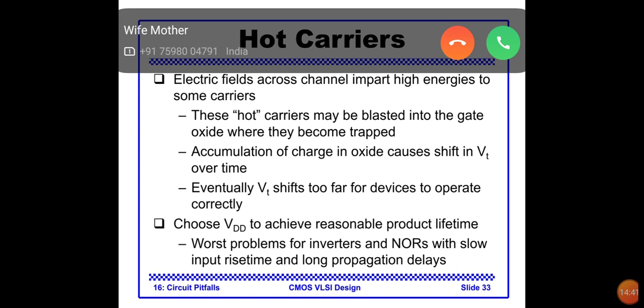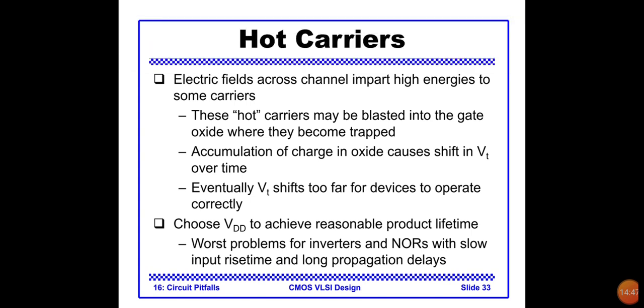Eventually, Vt shifts too far for devices to operate correctly. Choose VDD to achieve reasonable product lifetime. The worst problems are for inverters and NMOS with slow input rise time and long propagation delay.